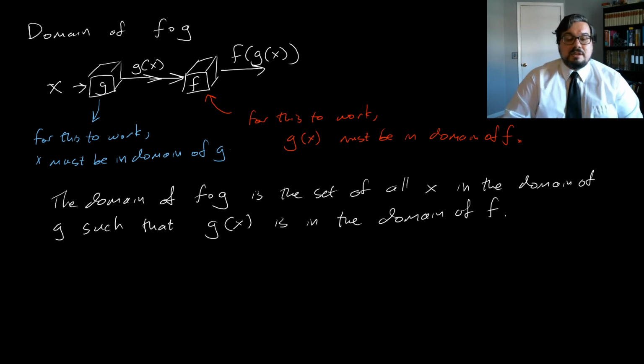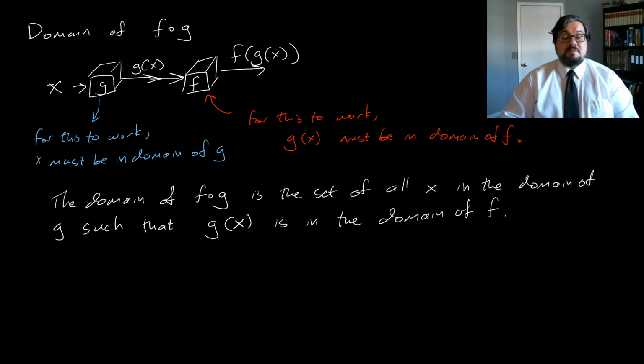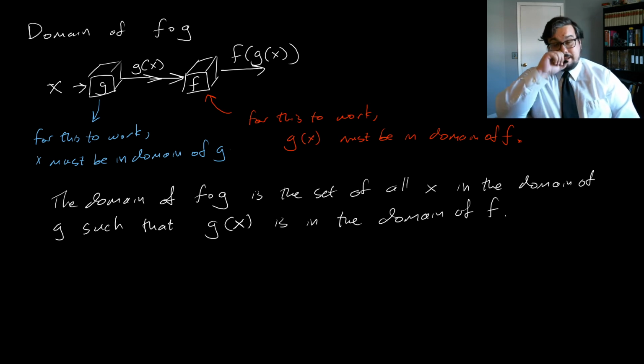Notice in particular that x does not have to be in the domain of f. In fact, very often it won't be. But g of x has to be in the domain of f in order for this to work.